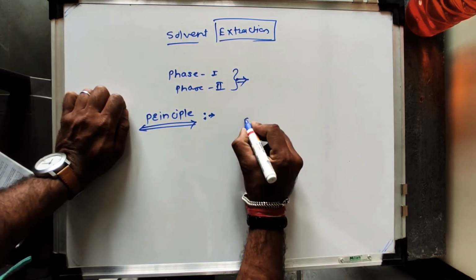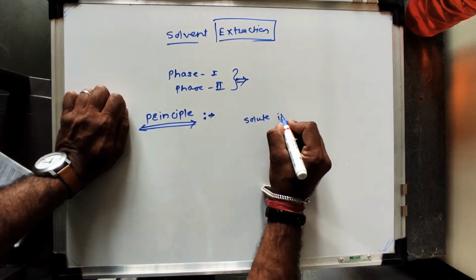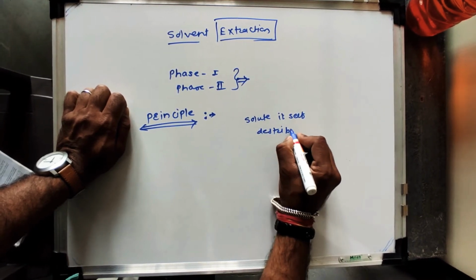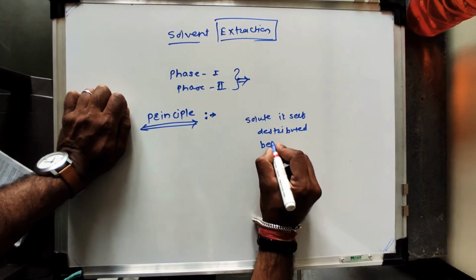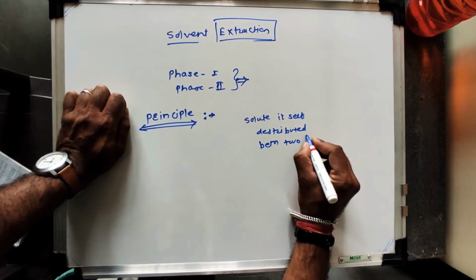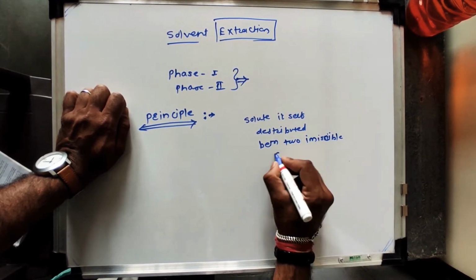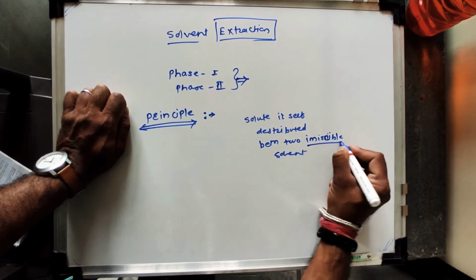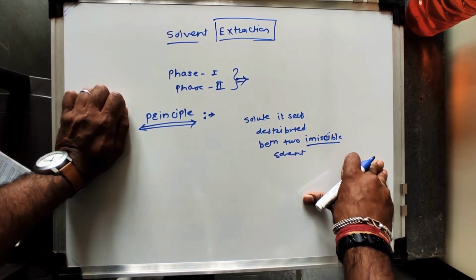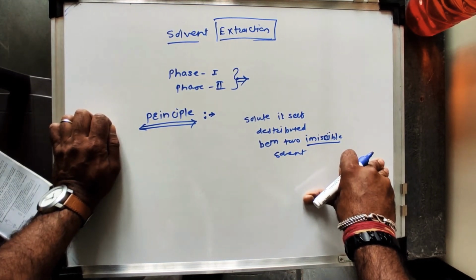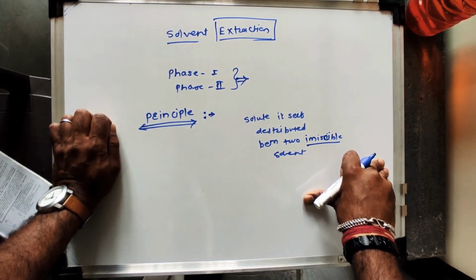That means solute itself is distributed between two immiscible solvents. This is the main condition, that is two immiscible solvents. Solute itself is distributed between two immiscible solvents during the solvent extraction.